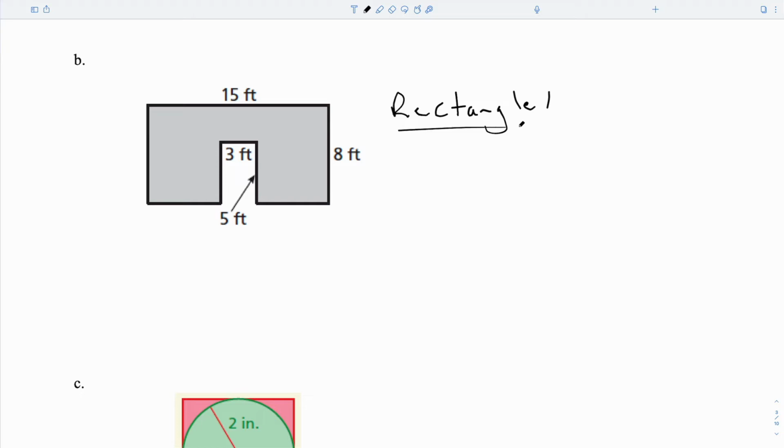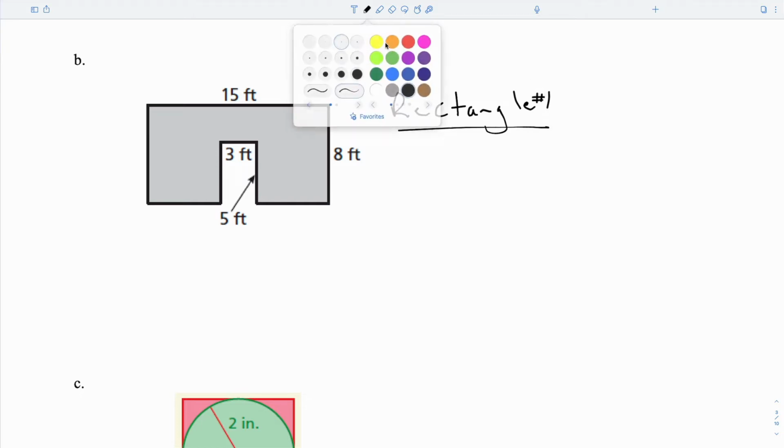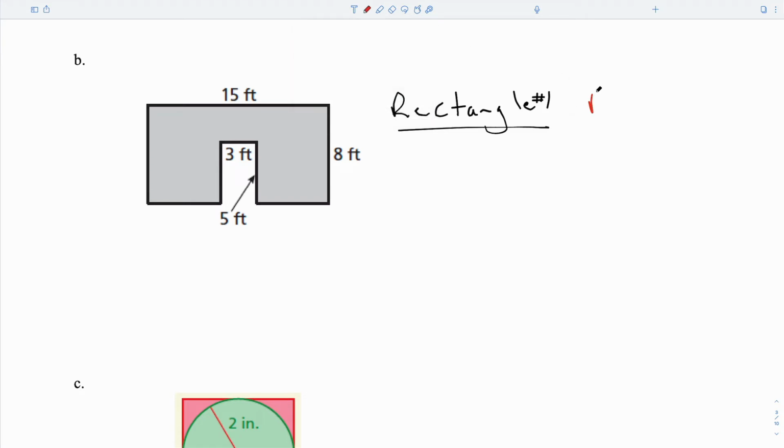Rectangle 1 and rectangle 2. Is the base the side? Yeah, the rectangle, you want to look for the whole rectangle. That's the bigger one.